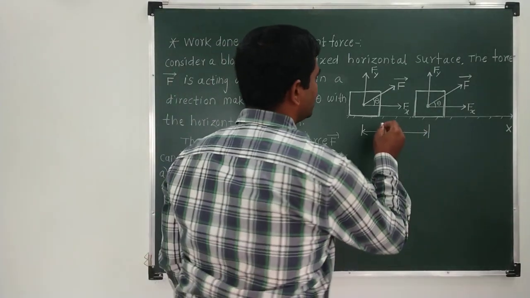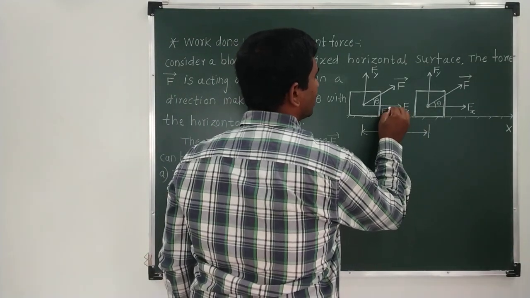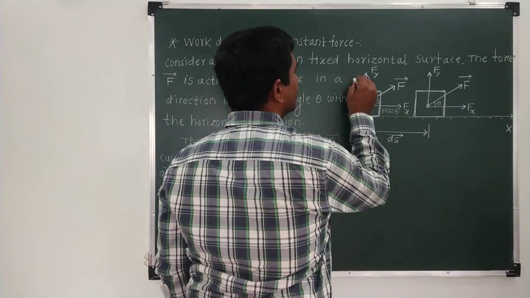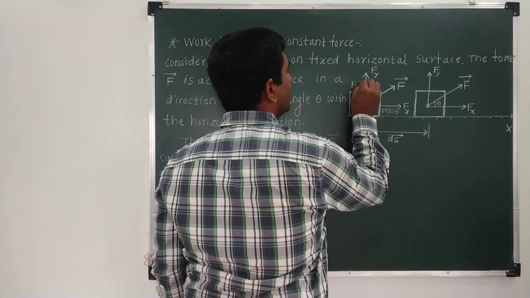The component along this direction was F cos theta, and the component along the other direction was F sin theta.